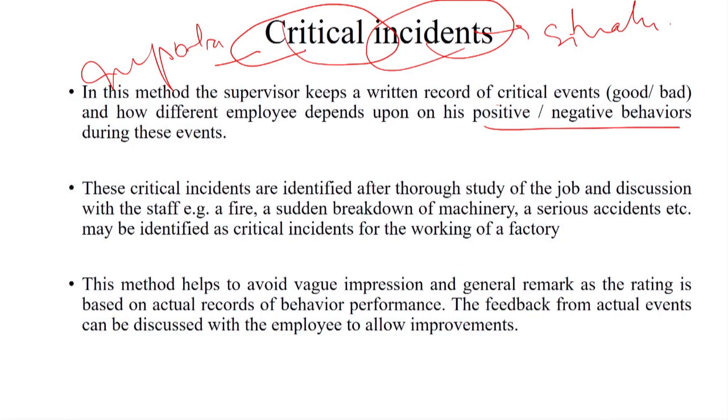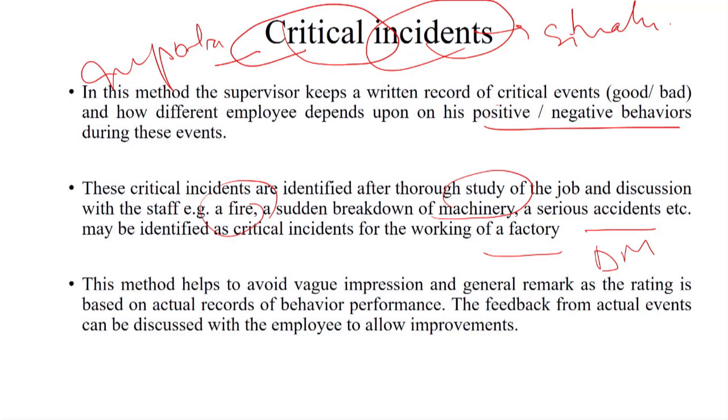These incidents are identified through a study of the job and discussion with the staff, maybe a fire situation, how it was handled by the management or by the manager, a sudden breakdown of machinery, as I gave you the example of a DM, district magistrate of a particular district, or a serious incident. So these are the incidents which can happen in a factory or any working organization. How a person behaved in those areas or at that time is what is actually evaluated.